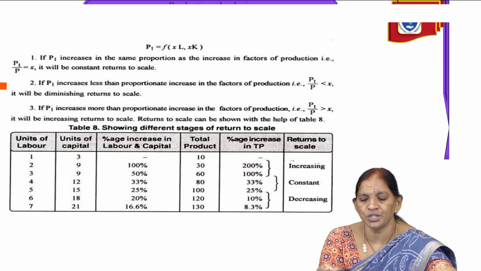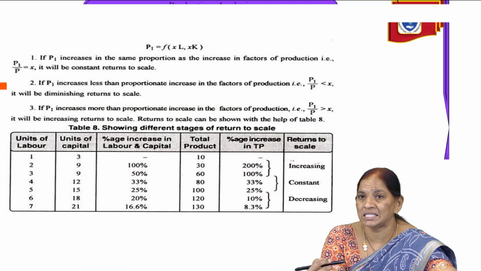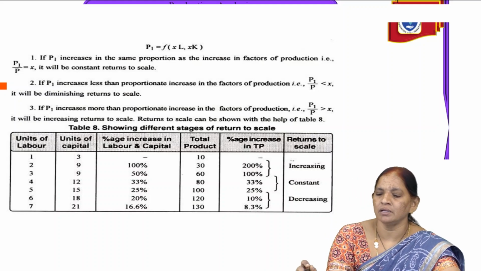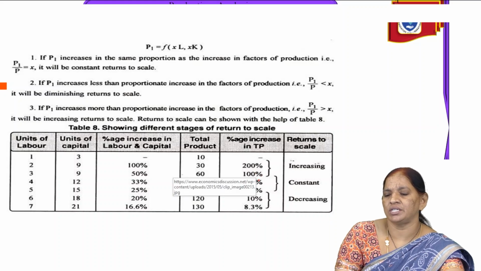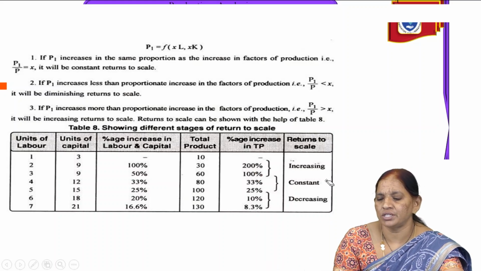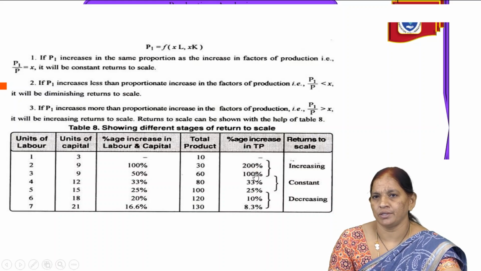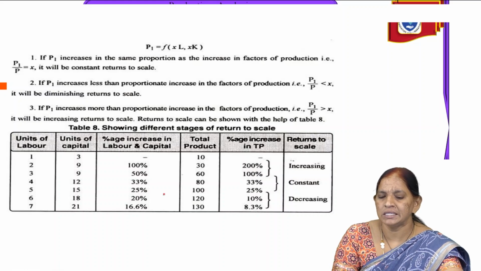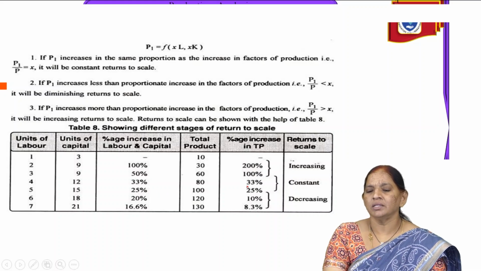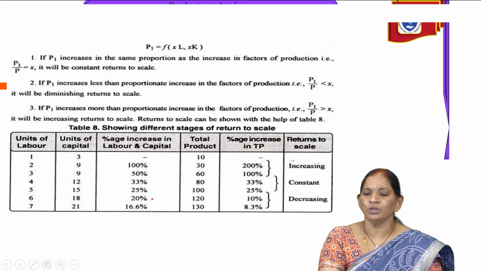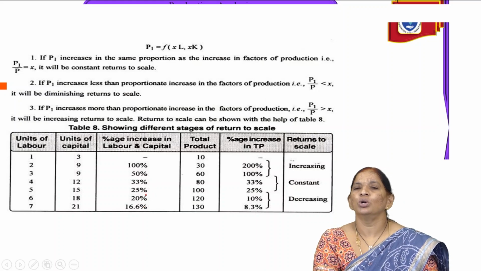So the total production changed from 30 to 60. Maybe total production increases, but what is happening here? The change is coming at a constant rate, and the 200% increase in total production comes down to 100%. When we go on increasing other factors, we can see the increase fall from 50% to 33%, then from 33% to 25%.